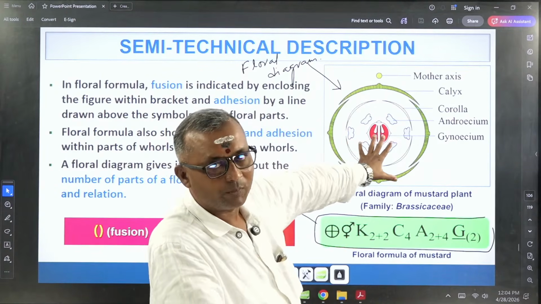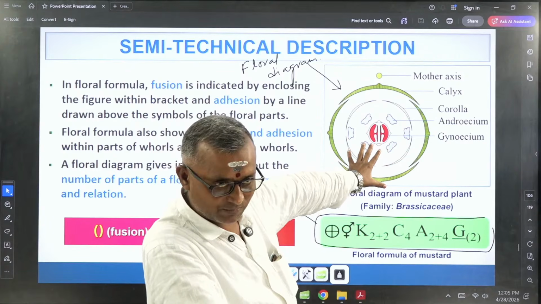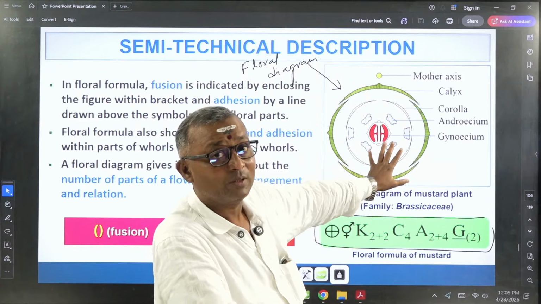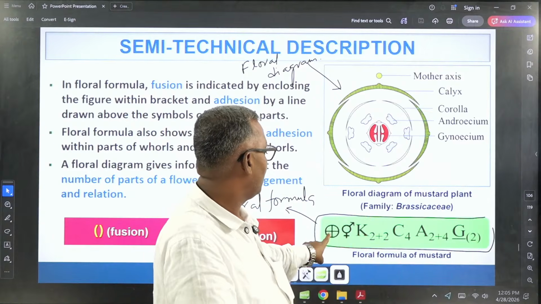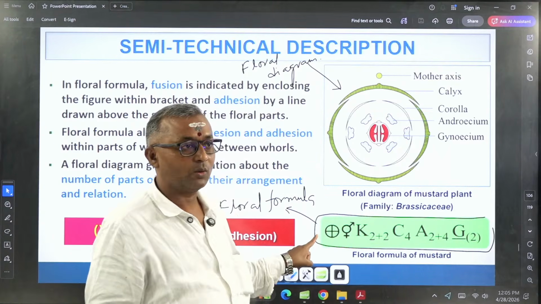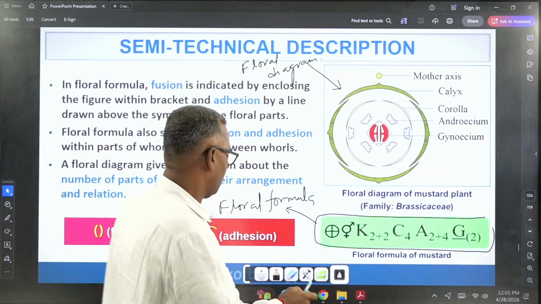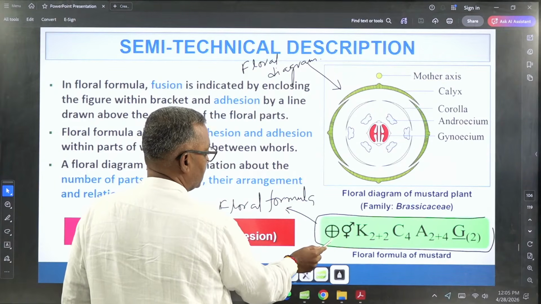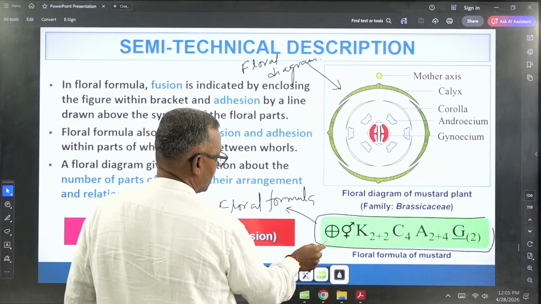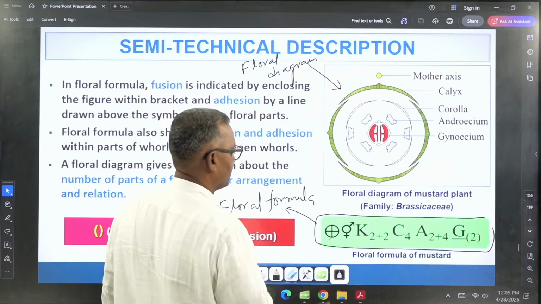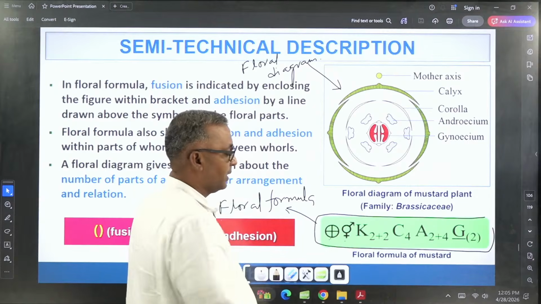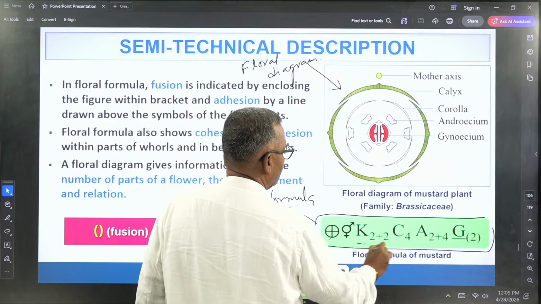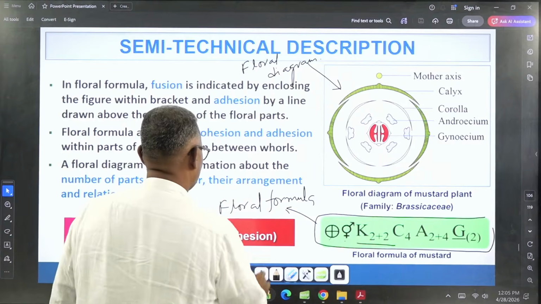For example, take this flower. It belongs to Brassicaceae members, that is mustard plant. In mustard plant, the flower is actinomorphic. Look at the board. See, there is a symbol here. What kind of symbol is present here? Plus symbol. So it has actinomorphic flowers, bisexual flowers.